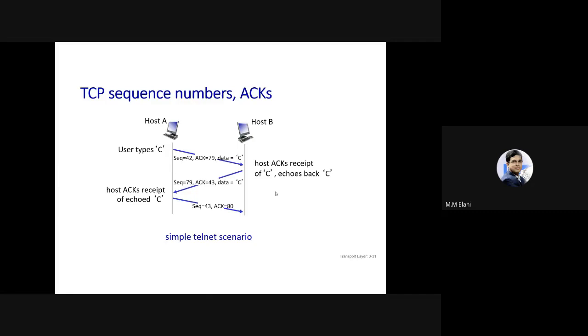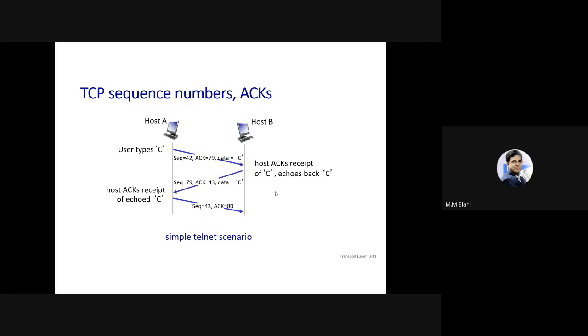And it is sending the same data again, data C. Now in step 3, the last step, you can see host acknowledges receipt of echoed C. Now host A again sends a new segment with sequence number 43 and acknowledgement number 80. Now in this example, every time one side is sending 1 byte data. That's why it is increasing by 1.